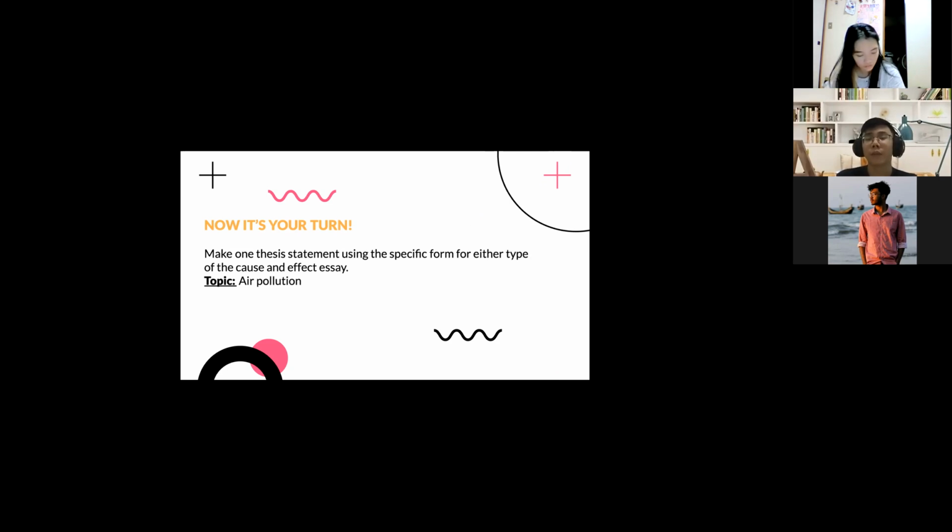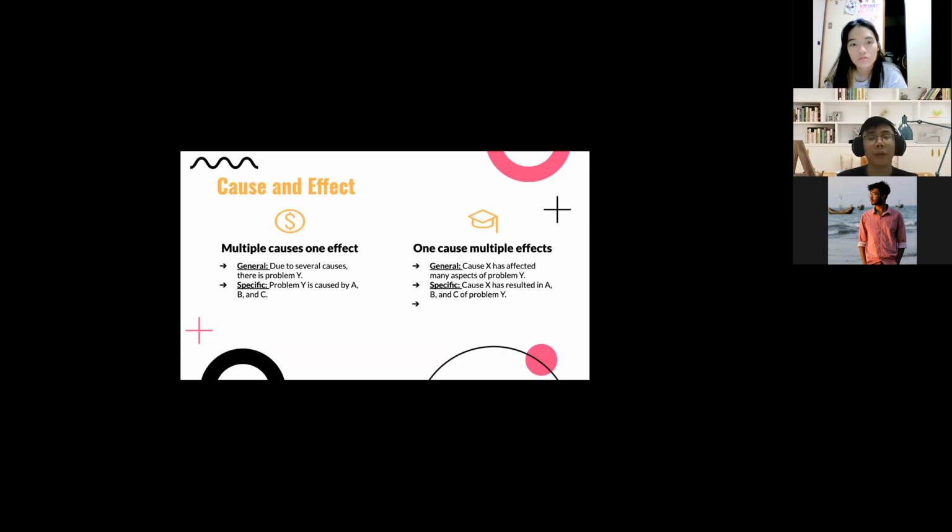When doing this kind of practice, you'll get a chance to think back on the thesis statement that you put in your cause and effect essay. It's sort of like reflecting a little bit. So please go ahead with the specific type for either the cause or the effect essay, and your topic is air pollution, right?